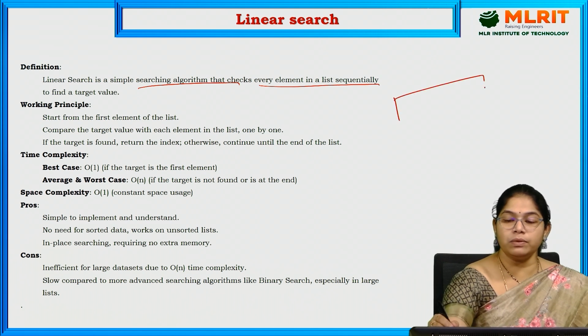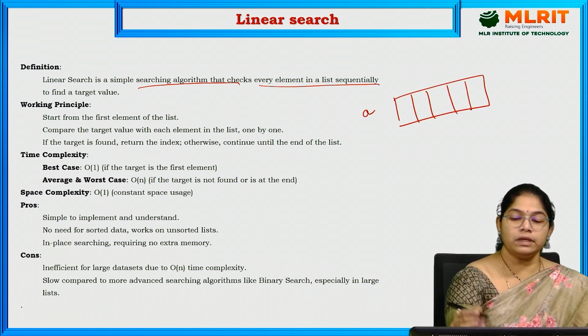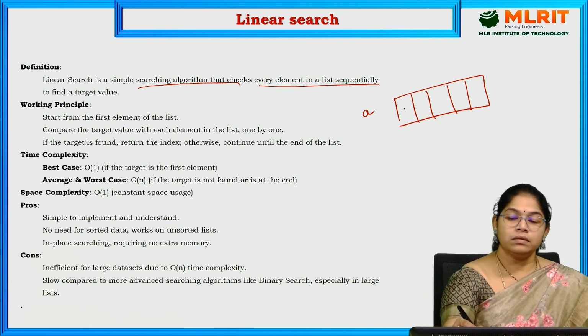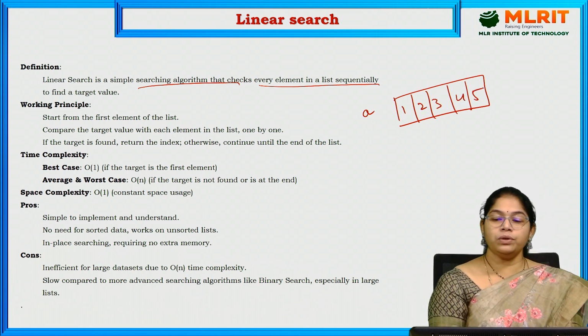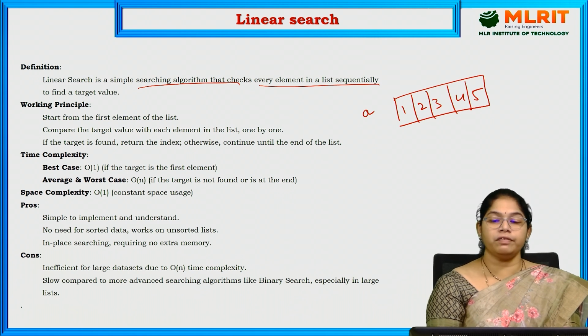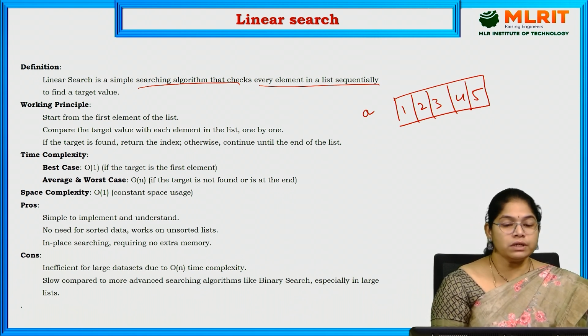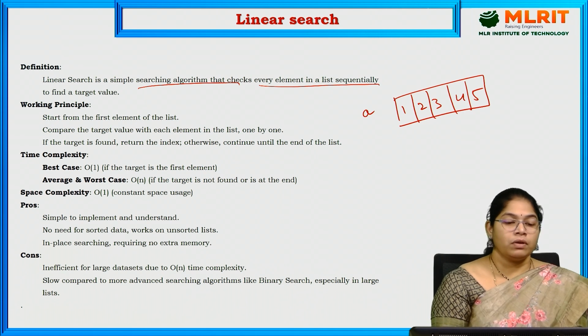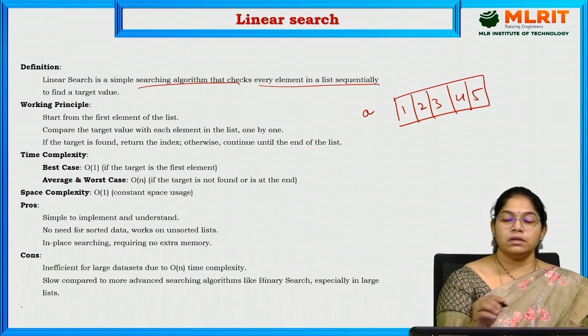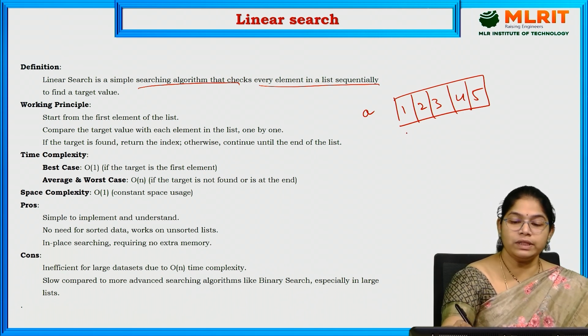Let us suppose this is array A. I want to search whether the element 5 is present in the array or not. So using a linear search, the working principle is that it starts with the first element.